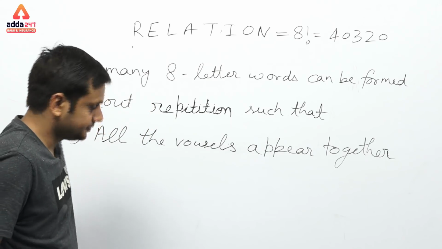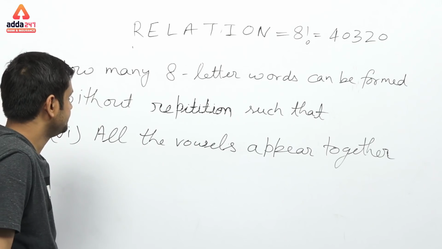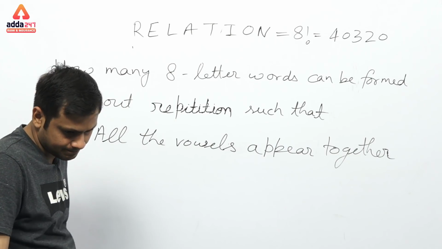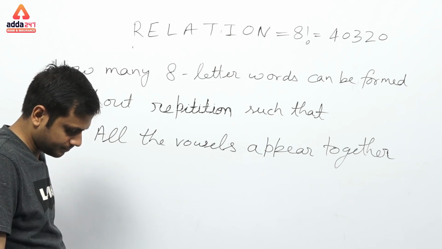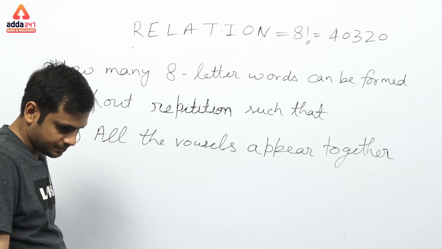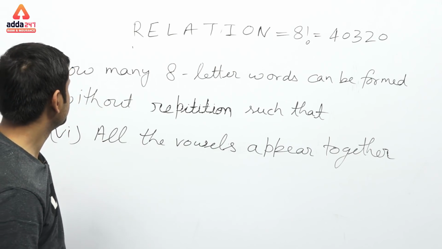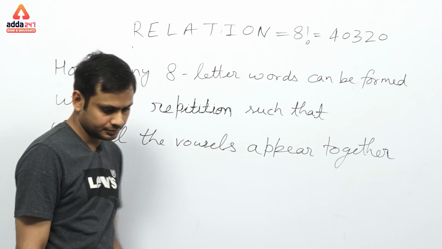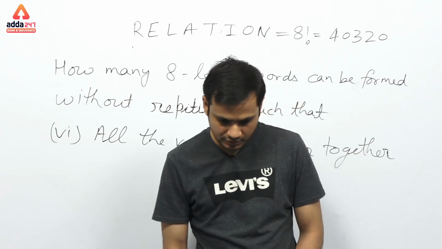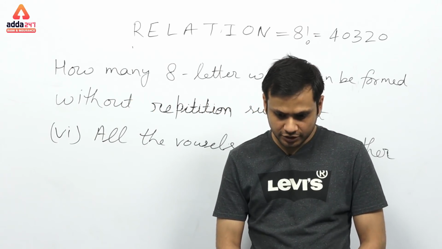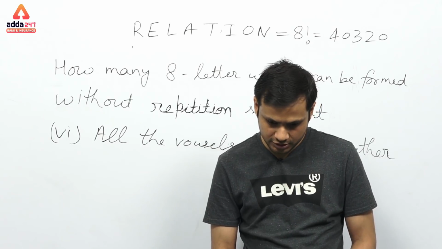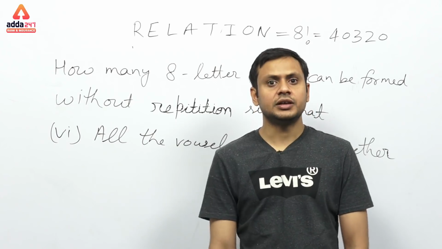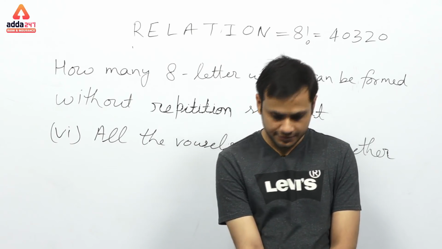Yes guys, try to solve this one. Okay, Arnav got 5 factorial into 4 factorial. Okay. So basically everybody is getting 5 factorial into 4 factorial.